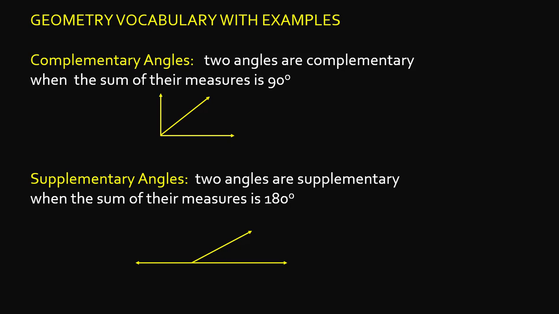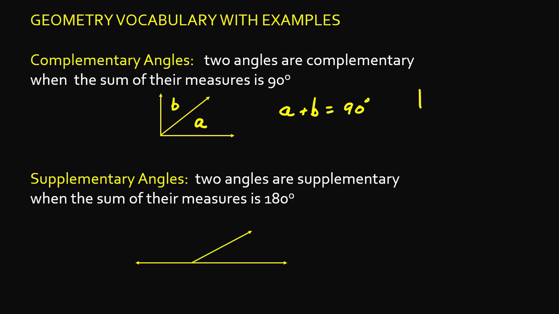So if we had two angles A and B, we would say that A plus B equals 90 degrees.